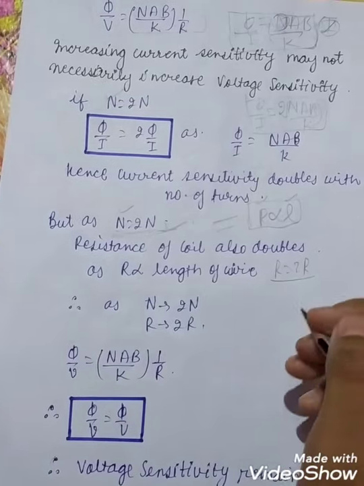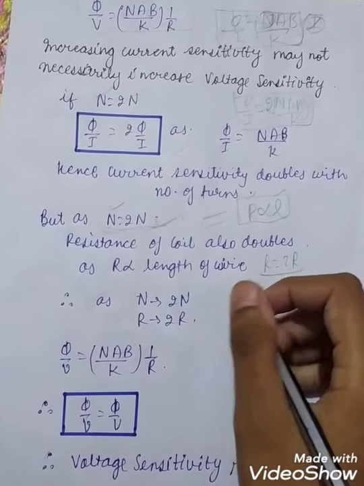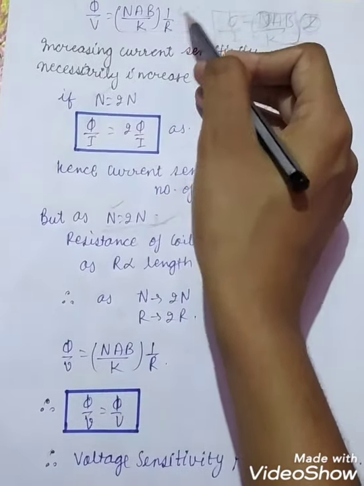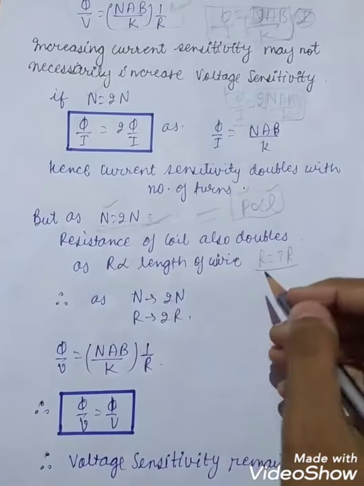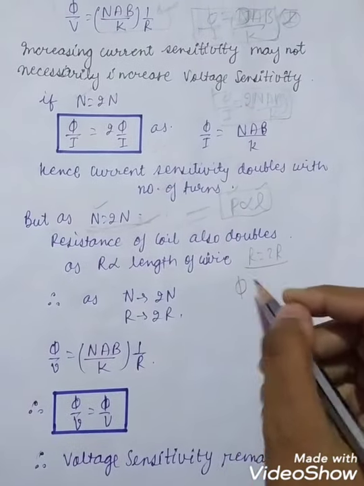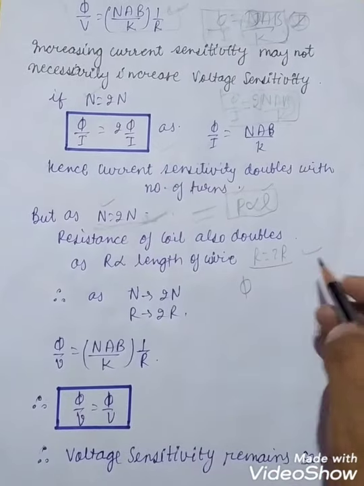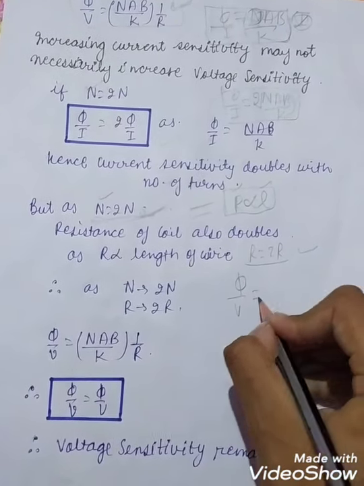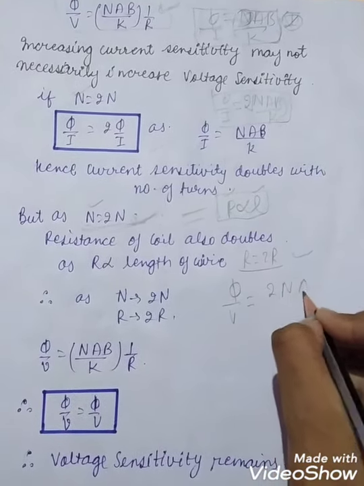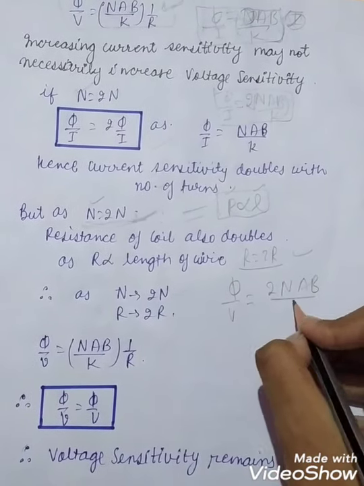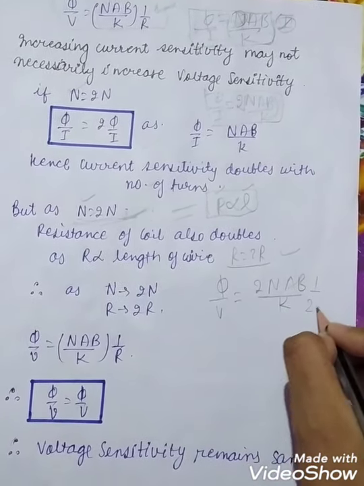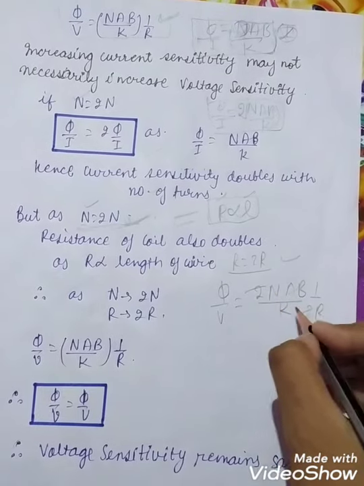We already have the formula for voltage sensitivity. In this formula, if we put N equal to 2N and R equal to 2R, what do we get? Phi divided by V is equal to 2NAB divided by K into 1 upon 2R. So this 2 and 2 get cancelled.